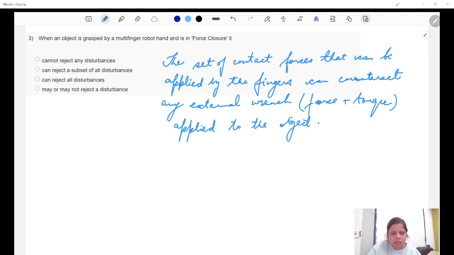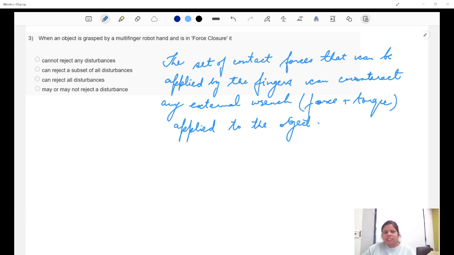So this is the standard that we need for secured grasping. So let's say if a grasp achieves force closure, the object cannot be disturbed by any external force or torque, no matter the direction or magnitude within the limits of contact forces, whatever it is.